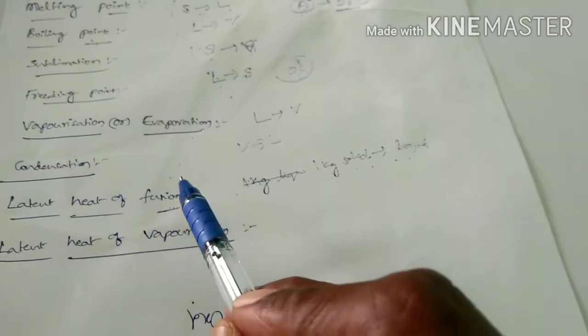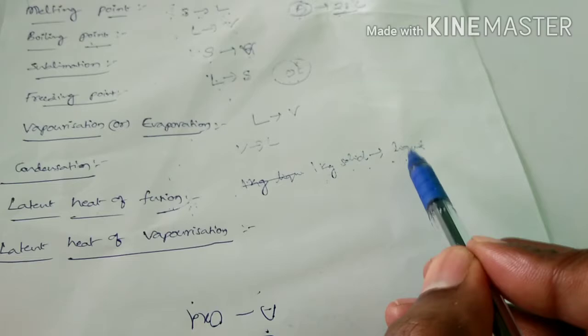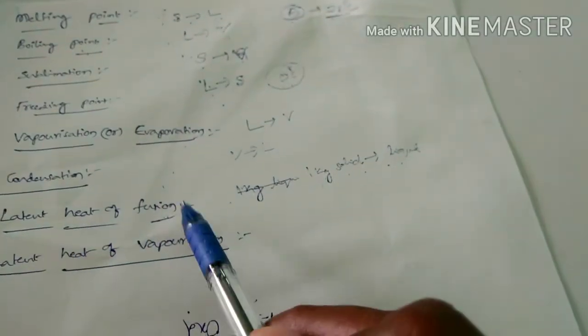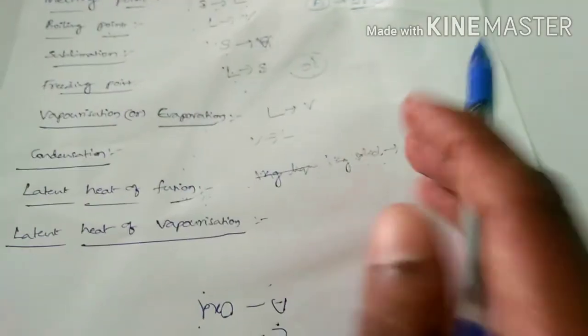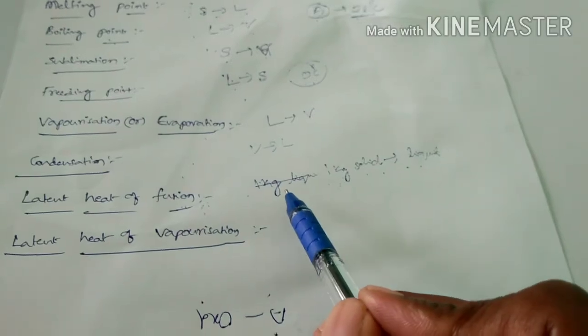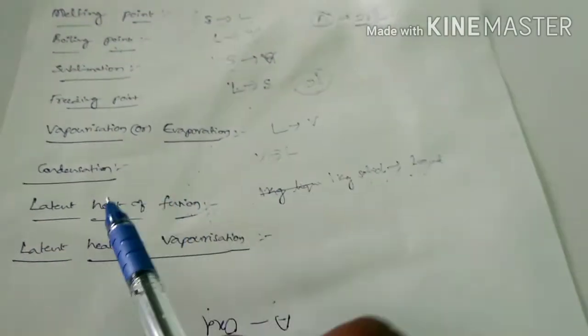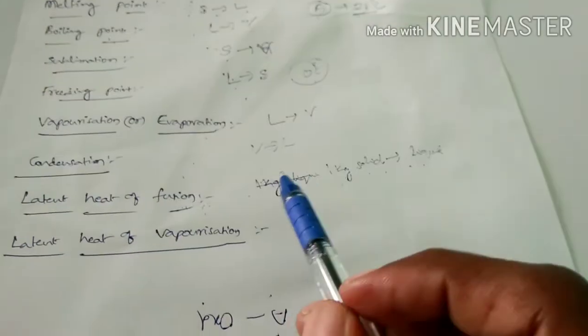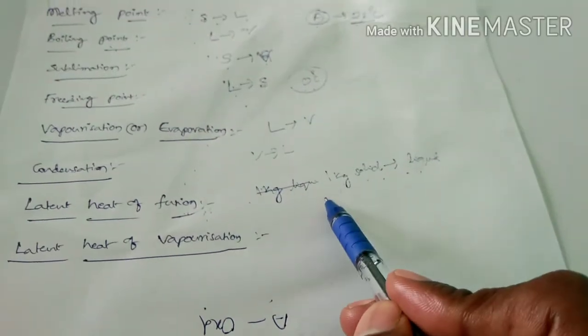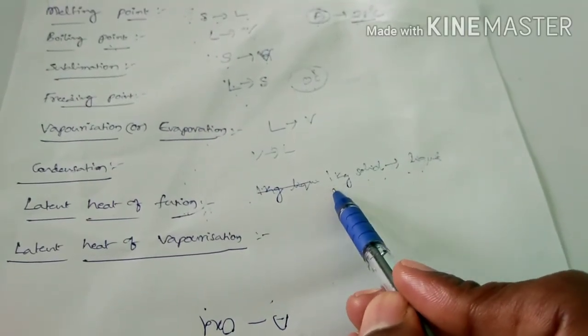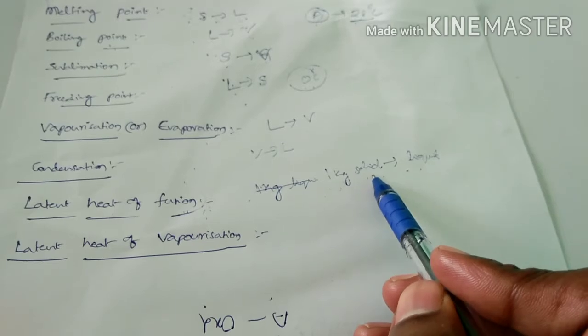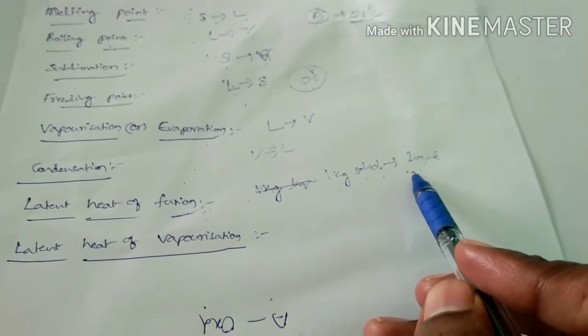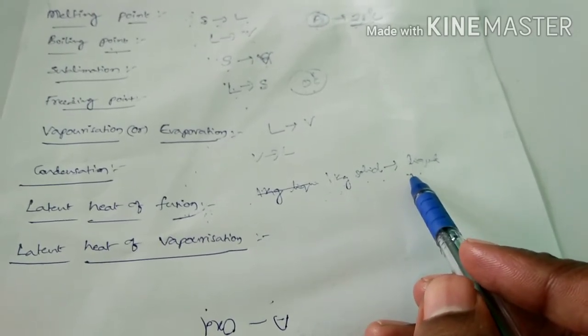Fusion means melting. That means solid is converted into liquid. So latent heat of fusion means 1 kg. That means here we are calculating heat per 1 kg. That is why it is called latent heat of fusion. So the amount of heat required to convert 1 kg of solid to liquid is called latent heat of fusion.